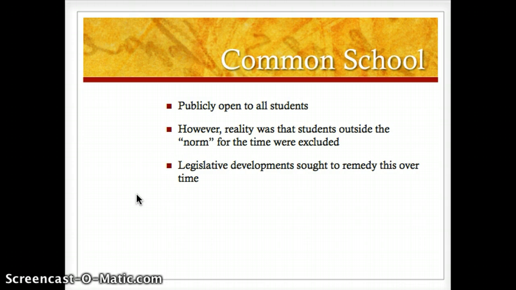But with the rise of immigration during the industrialization period, there was a transition, a mutation into a more centralized school. With industrialization going on, there was a need for highly trained laborers.